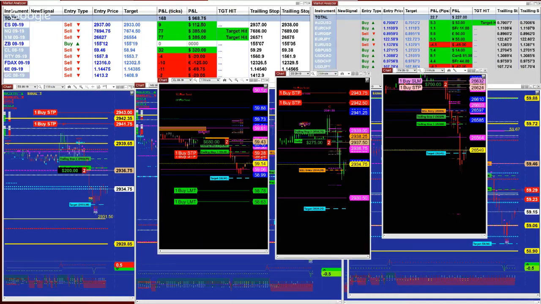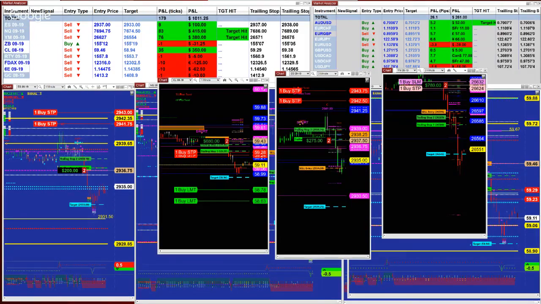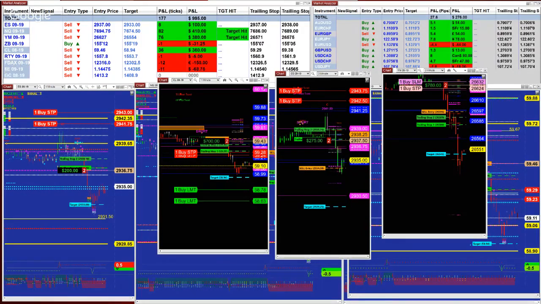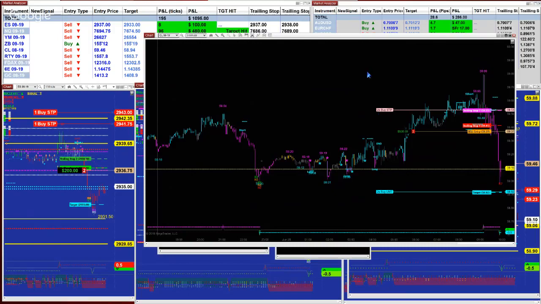Let's see if we have anything on this new auto trade, the fibs. Nothing. And also on the fully automated entry signal, we still have one left. It is right there. We're done with the Nasdaq.